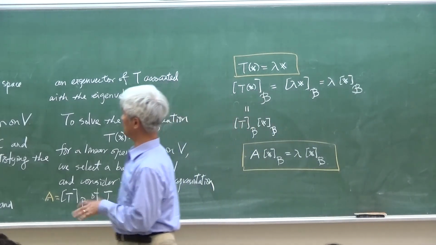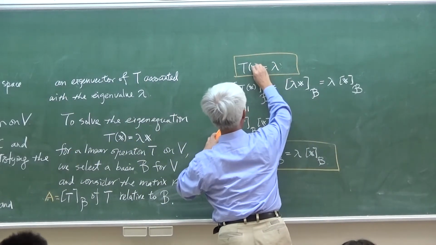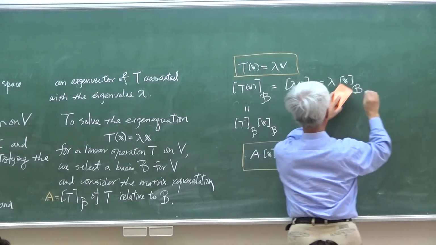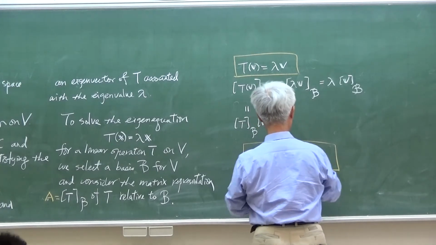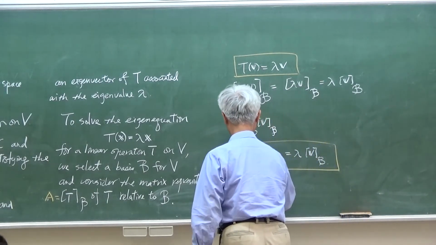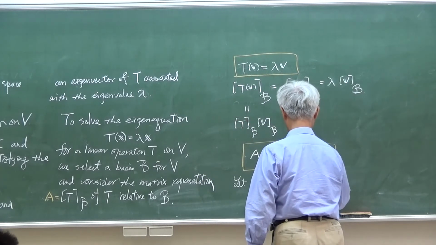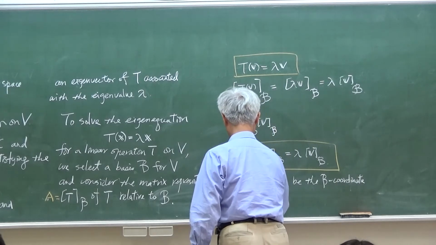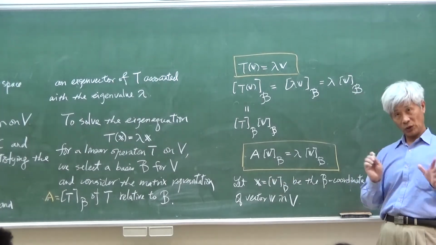Now I reserve x to be the beta coordinate vector of the vector.